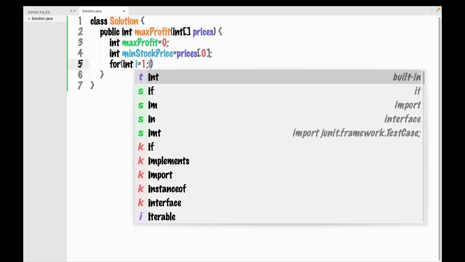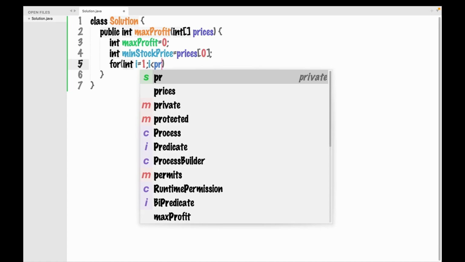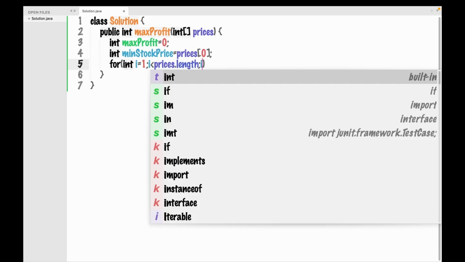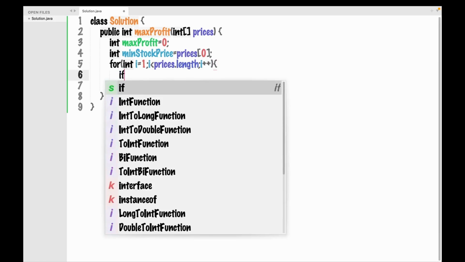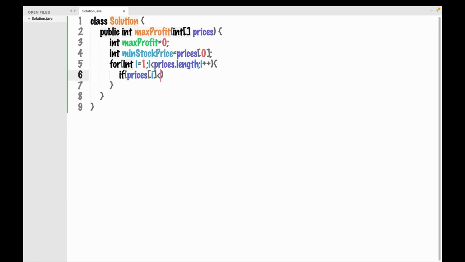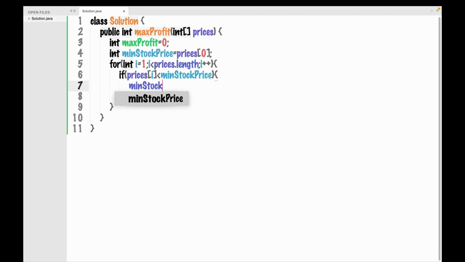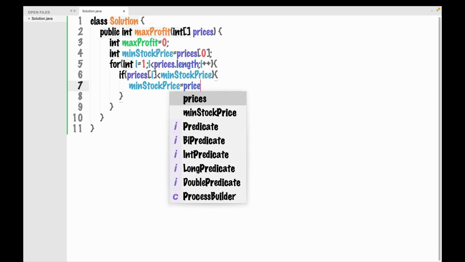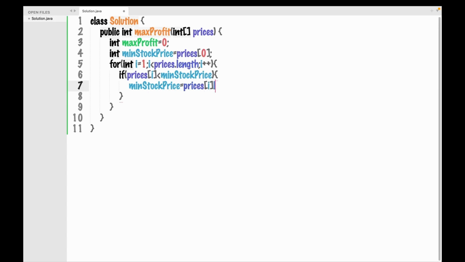Why? Because we want to compare this minimum stock price with the other elements of the array. Now if we find an element that has a price less than the minimum stock price, we update the minimum stock price to this element.